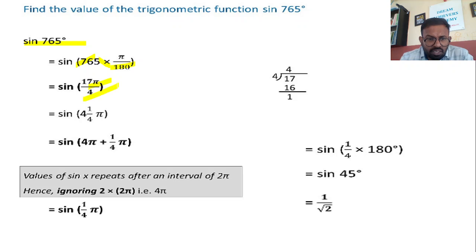After getting radians we should write it as a mixed fraction. Dividing 17 by 4, four 4s are 16, so I can write 17 by 4 as 4 1 by 4 into pi. Taking pi separately for both numbers, that is 4 pi plus 1 by 4 into pi. I can write like this.